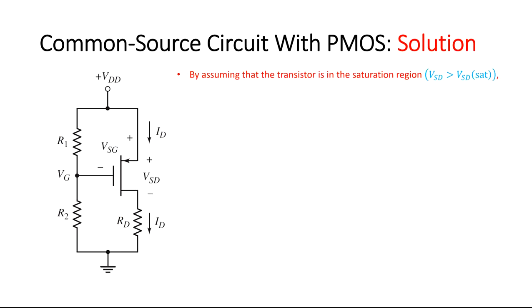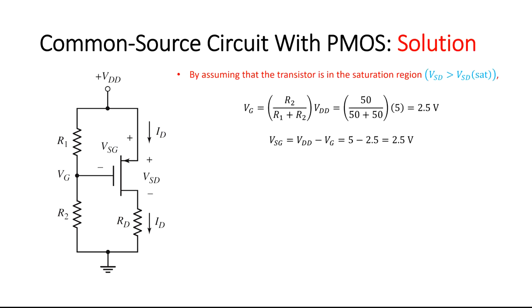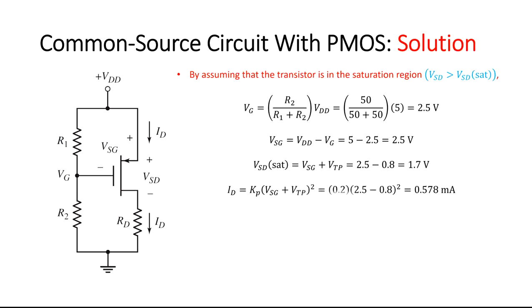By simply substituting the given parameters, the gate voltage and the source to gate voltage are found. Then the saturation level of the source to drain voltage is given. Based on the saturation assumption, the drain current is also calculated. Finally, the source to drain voltage is given.